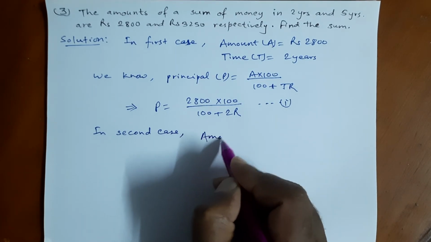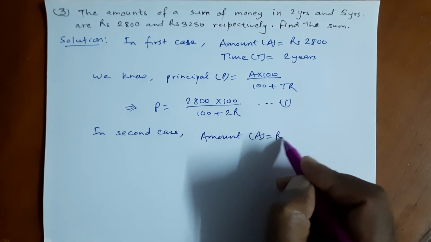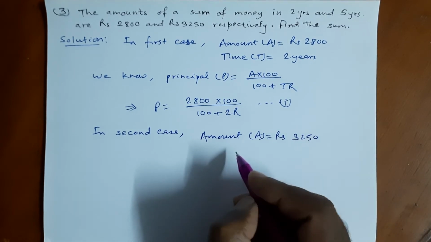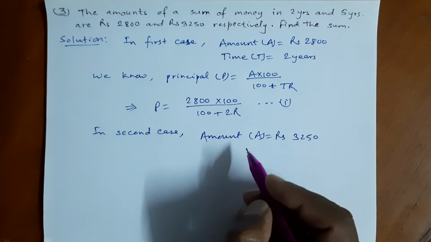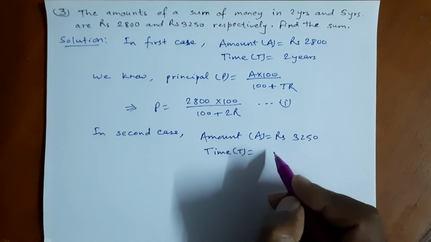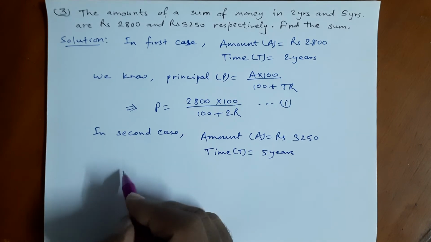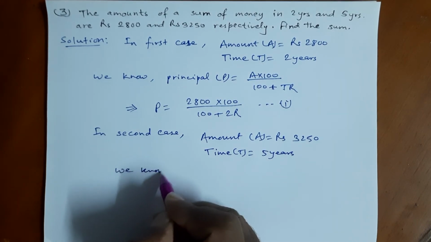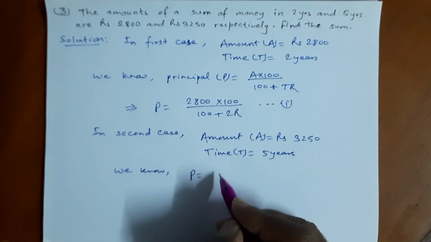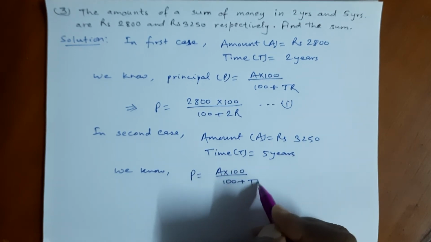In the second case, amount A equals rupees 3250 and time t equals 5 years, and we know P equals A times 100 over 100 plus TR.